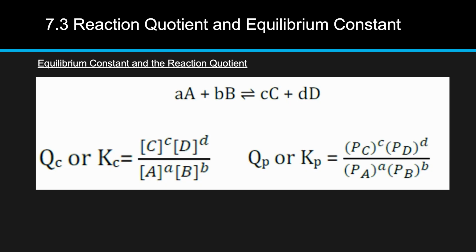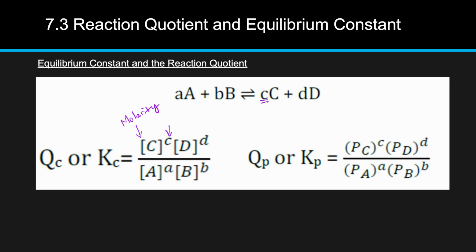And just a reminder with our equilibrium constant expressions, when we have Kc, or in this case Qc, the expression is going to look mathematically the same. They're going to use brackets to show concentration or molarity, and they are going to be raised to the power of their coefficient.